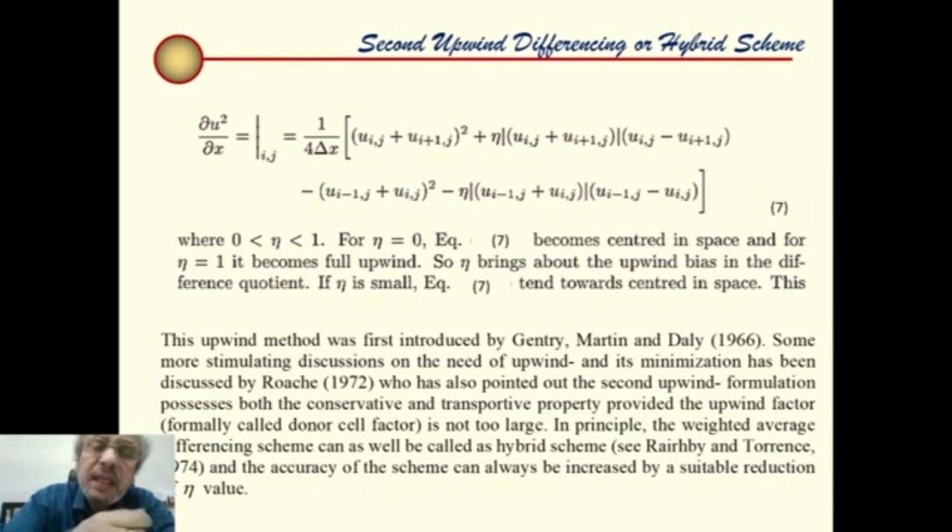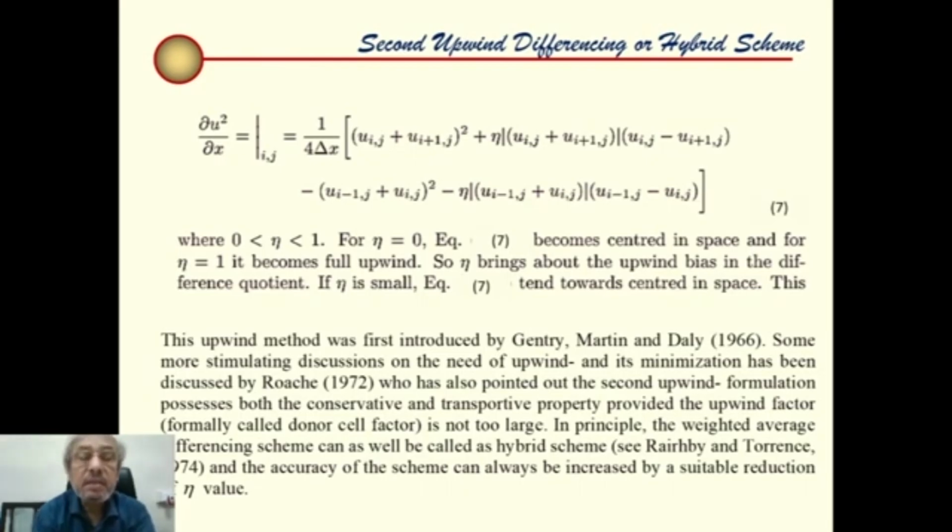The discretization expression gets sensitized, and if eta is retained at a small level, say 0.1 or 0.2, usually kept at a very small level, below 0.3 definitely, then it is quasi second order accurate.